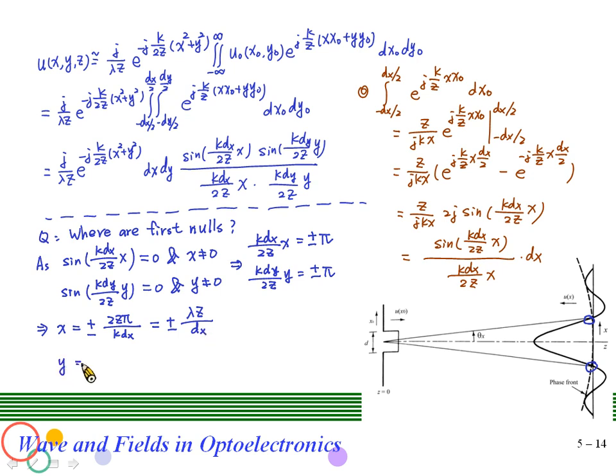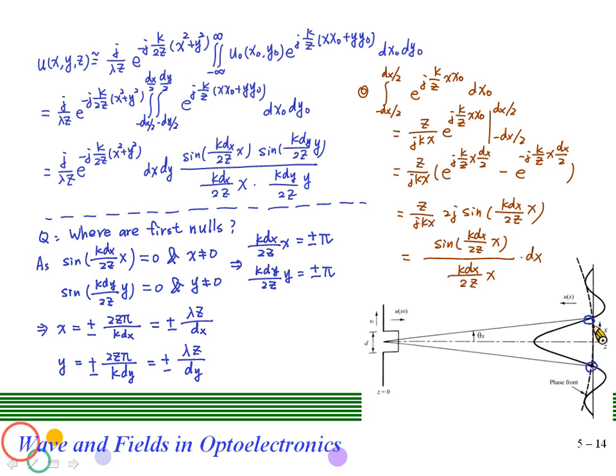In the same way, the first nulls along the y direction will appear as y to be 2z pi over k d sub y, which can be also written as lambda z over d sub y.